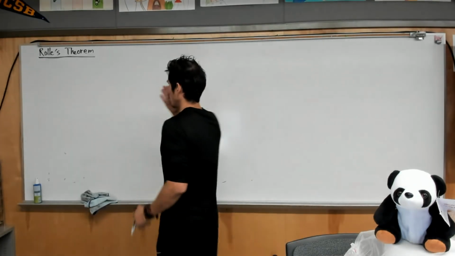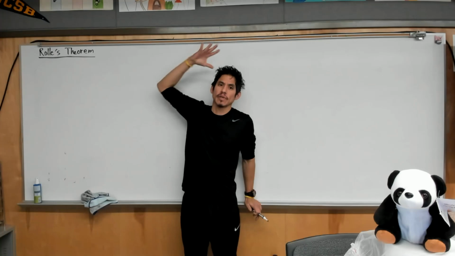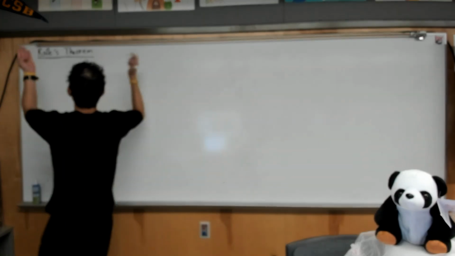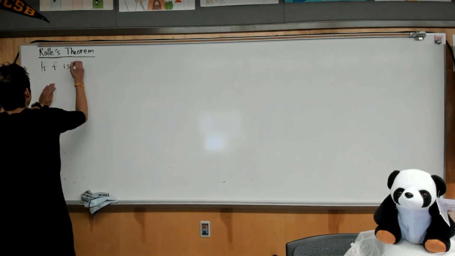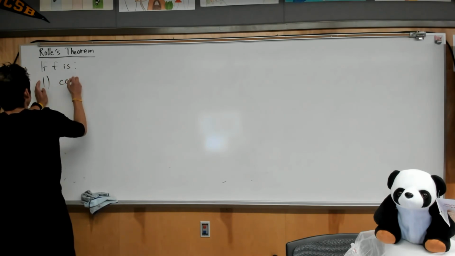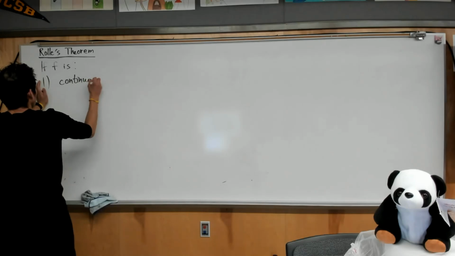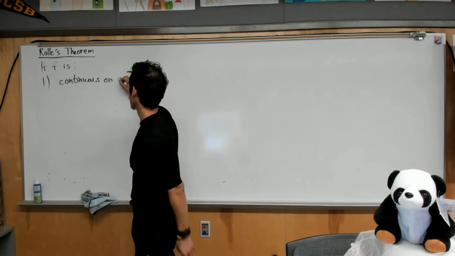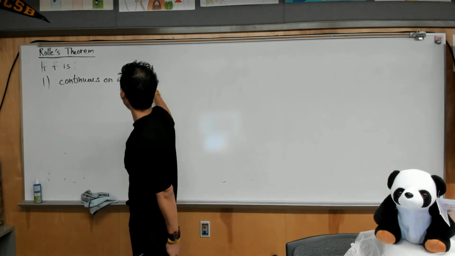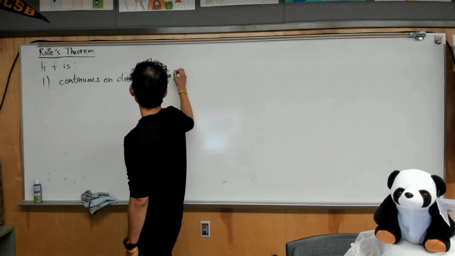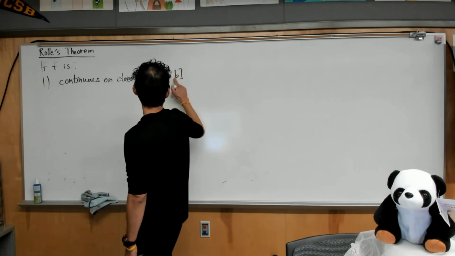So, Rolle's Theorem first has to meet three conditions. Let's say that we have a function f. If f is continuous on a closed interval AB, it has to be continuous on the closed interval AB.